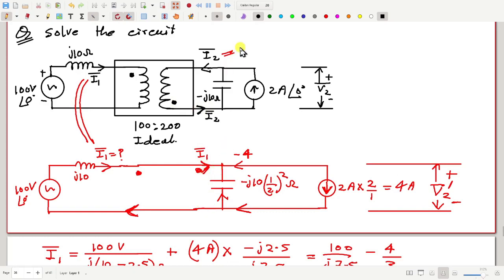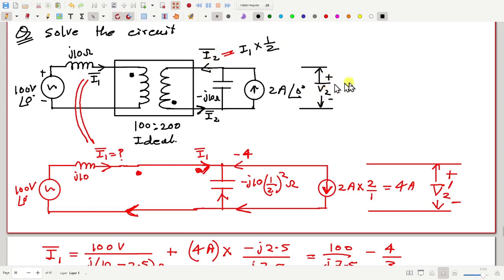So this will be I1 multiplied by, what should I multiply this with? You recall that we multiplied by 2 when we drew this red circuit. The currents were multiplied by 2, so now I have to multiply by half, reciprocal of that. So I will get the value of I2.